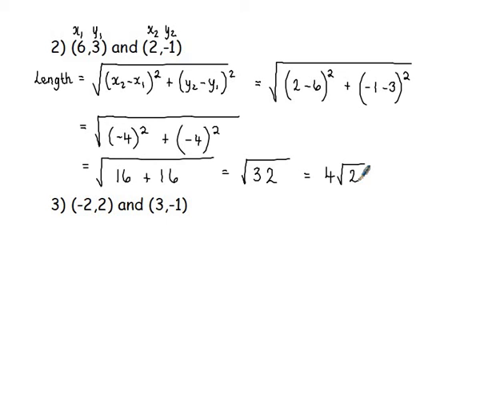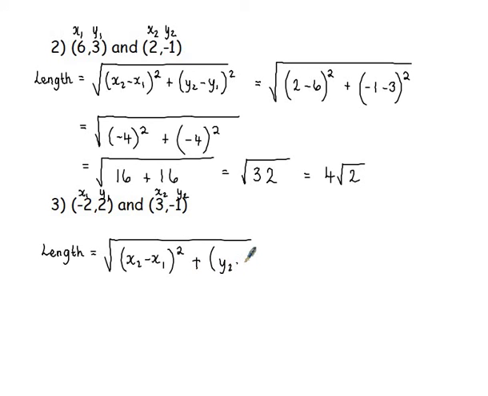Last example then, so we've got minus 2, 2 and 3, minus 1. So again, x1, y1 and x2, y2. And we're using the formula for the length of the line, which is the square root of (x2 minus x1) all squared, add (y2 minus y1) all squared.